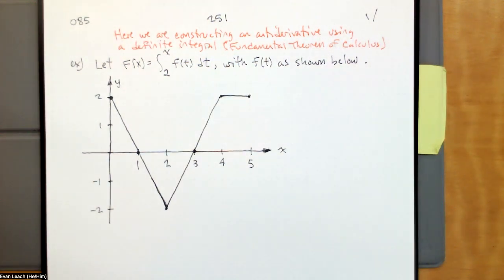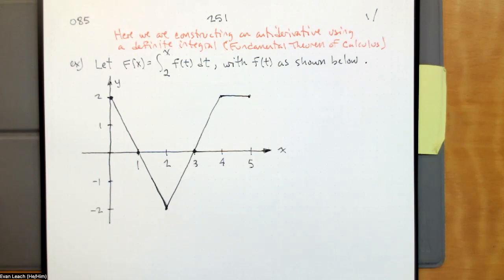Here we are constructing an antiderivative using a definite integral, just like the fundamental theorem of calculus says that we can. I didn't specifically state that I'm constructing an antiderivative. I'm just constructing the function with the definite integral. The expectation is that you recognize this as constructing an antiderivative using the definite integral.